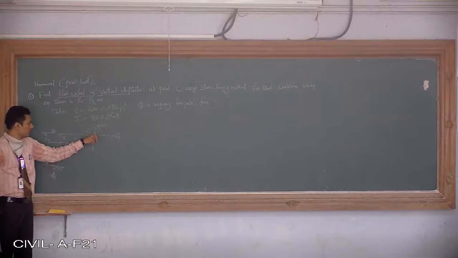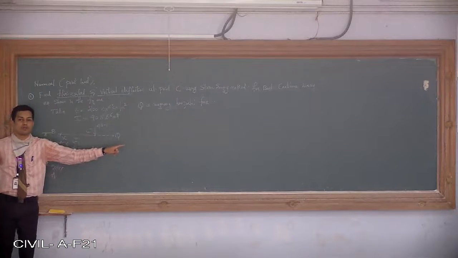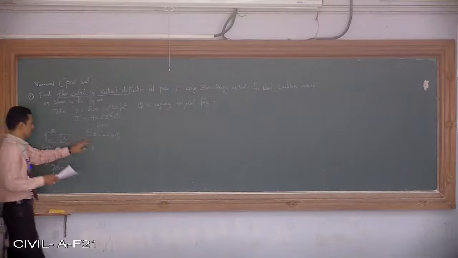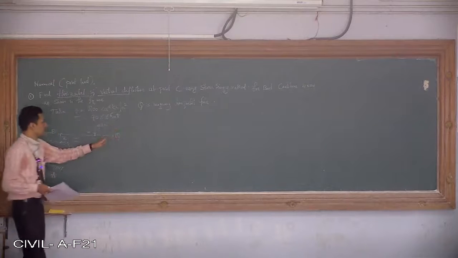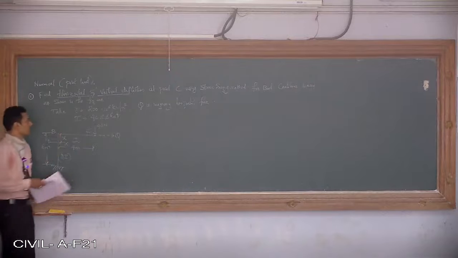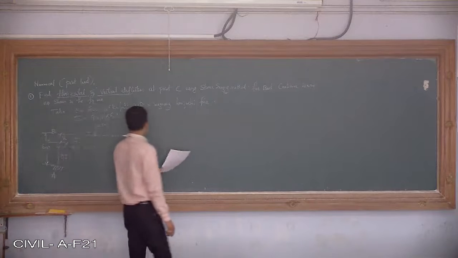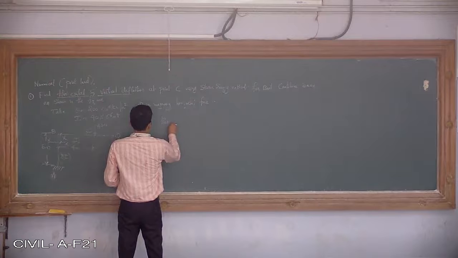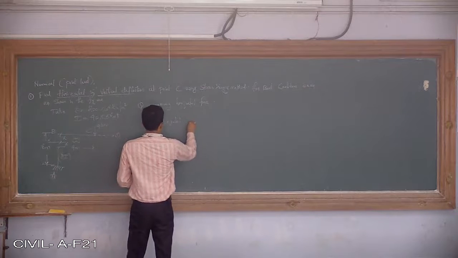But for horizontal deflection we don't have a horizontal force, so we need to assume it as Q. That is the change; otherwise the same procedure as in standard cases. Alright, first we'll go with finding horizontal deflection, then vertical deflection.